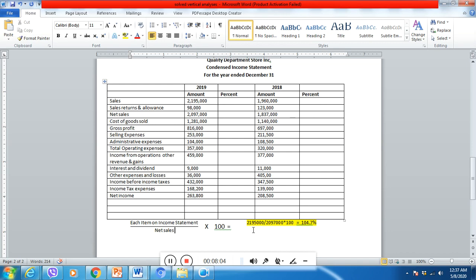For example, the first line, sales, 2,195,000 divided by net sales, the value of net sales is 2,097,000, multiplied by 100, and the answer will be 104.7%.